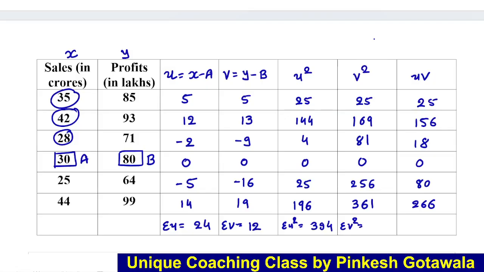Sigma v square: 5, 169, 81, 256, 361, 892. Sigma uv: 25, 156, 18, 80, 266, 545.